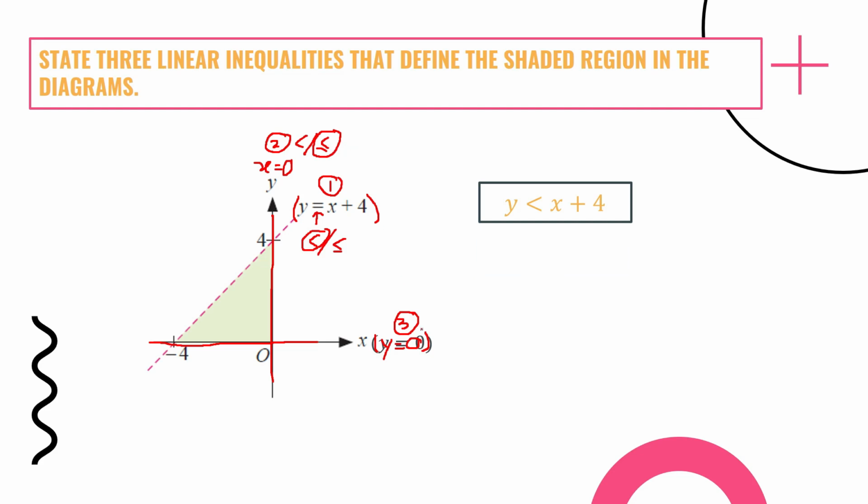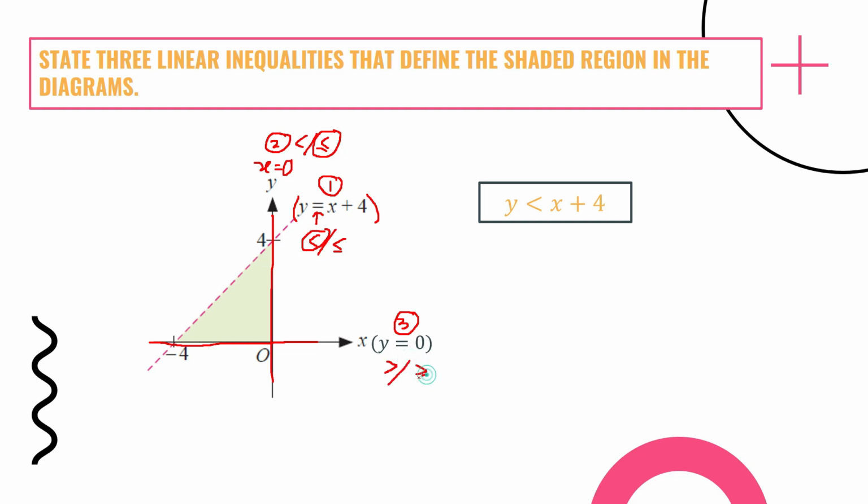And then we take a look at the third equation, y equal to 0, which is this x-axis. The shaded area is above the x-axis, so it must use higher than or equal.